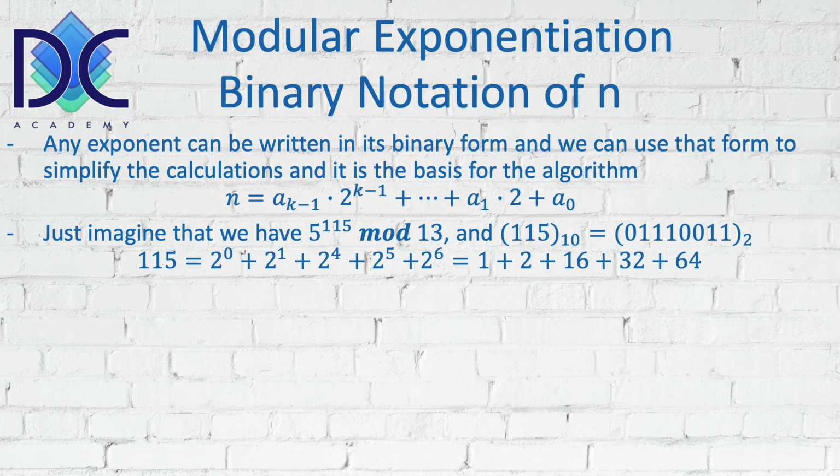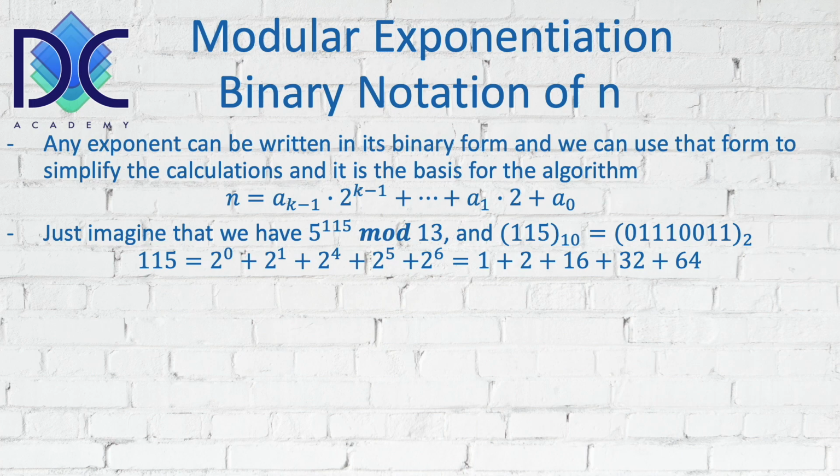Now, this means we can write 115 as 2 to the power 0, plus 2 to the power 1, plus 2 to the power 2 (coefficient is 0, so that's 0). 2 to the power 3 also has a coefficient 0, so it's also 0. The next term we have is 2 to the power 4. Then we have 2 to the power 5 and 2 to the power 6. So basically we can say that 115 is 1 plus 2 plus 16 plus 32 plus 64.